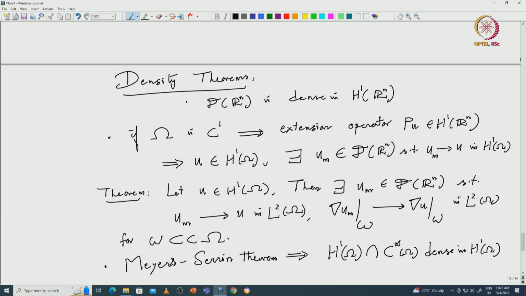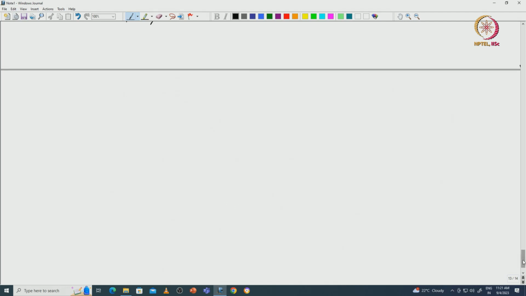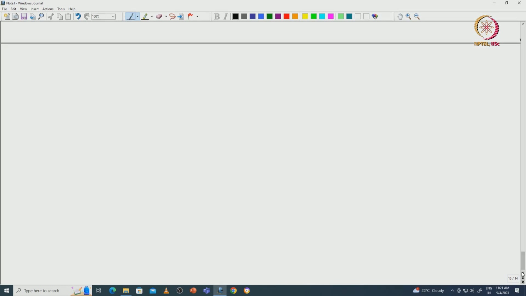Okay. So, before completing this talk, maybe one last change of variable formula, and a couple of results in this direction, and then I will stop. This is also important: the change of variable.